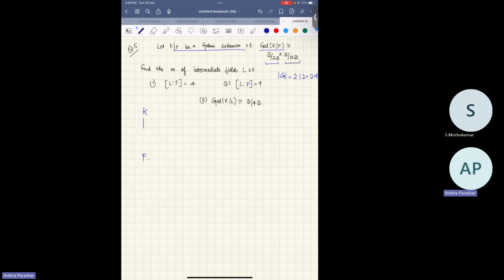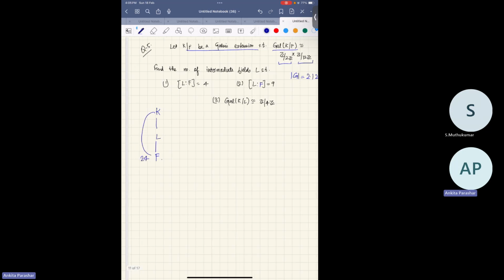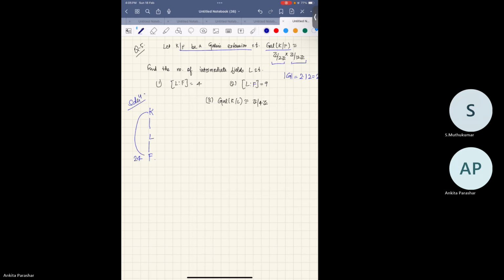Let me write that now. K over L over F, and K over F is 24. We have to find the number of intermediate fields L, that is, how many L are there such that the degree of L over F is 4. So if this degree is 4, what is the degree above?